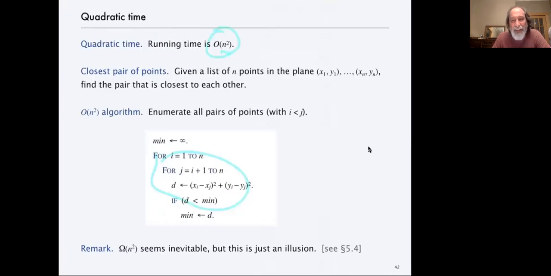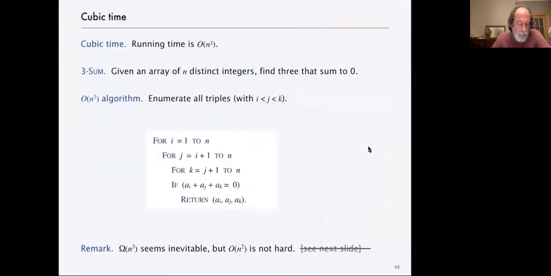Another example: you have points and you have to run over all pairs of points. The same kind of intuition, that's n squared.